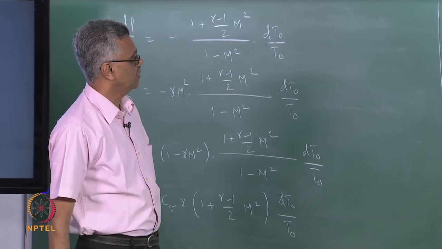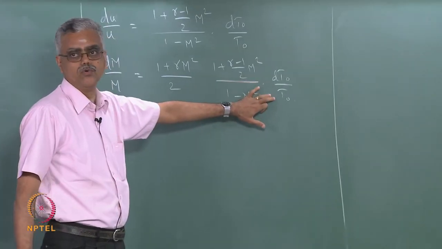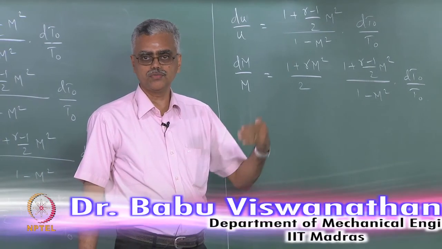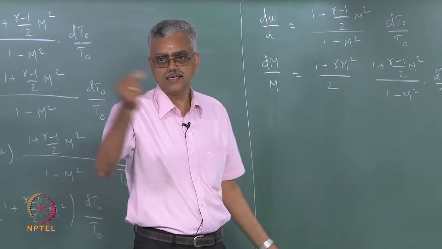So, what we are going to do next is for heat addition or heat removal in the flow, we are going to try to see how the state point moves from state 1, how does it move on a TS diagram, which way does it go. So, we will track the continuous state.